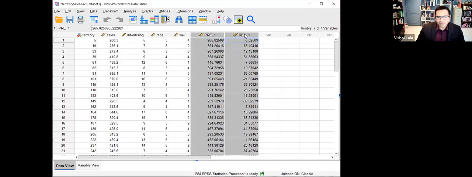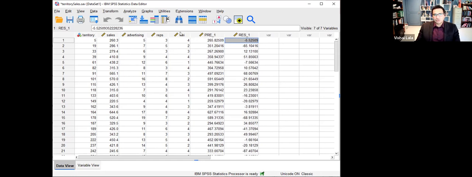Pre-1 and Res1. Pre-1 are the unstandardized predicted values. Res1 are the residuals. If you look at this table, you'll notice that for any given value of sales, we have a predicted value and the difference between the predicted value and the true value.